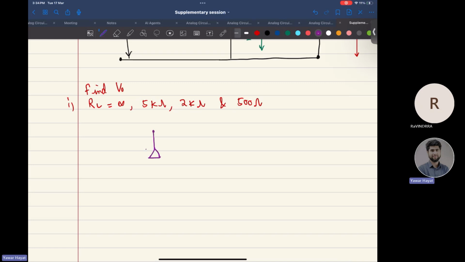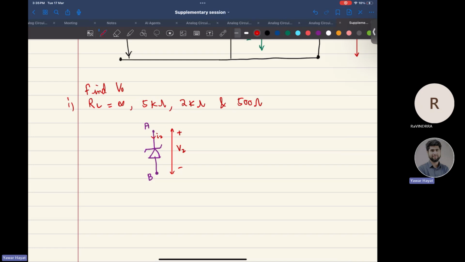If this is my Zener diode that is occurring between the nodes A and B, suppose this is IZ, and this is plus minus VZ.